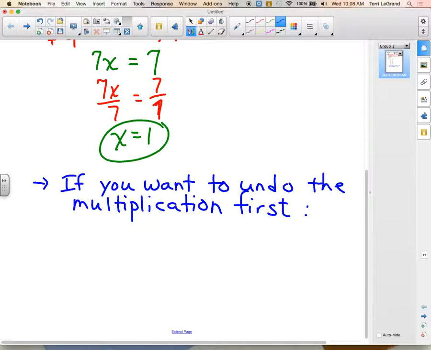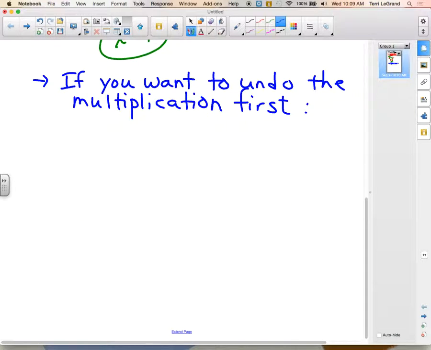So let's write our equation again. It was negative, I already forgot, negative 4 plus 7x equals 3. So you say to yourself, you know what? X is being multiplied by 7, so I'm going to undo that multiplication. I'm going to divide by 7. What gets divided by 7 then? John?